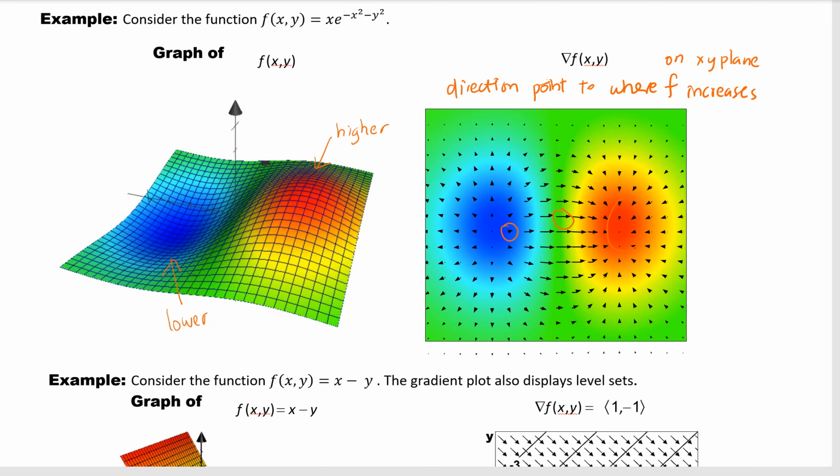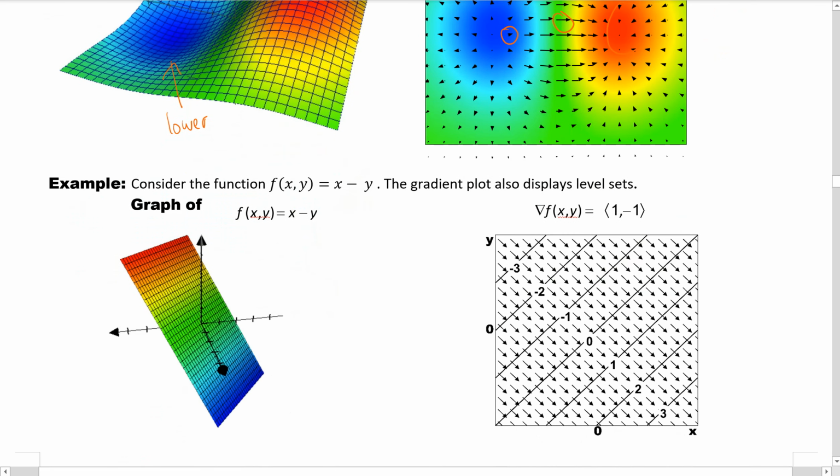Let's continue to look at the next example. Consider the function f of x, y equals x minus y. The gradient plots also display level sets. Here, I think this picture is rotated a little bit. This is the x and this is the y.